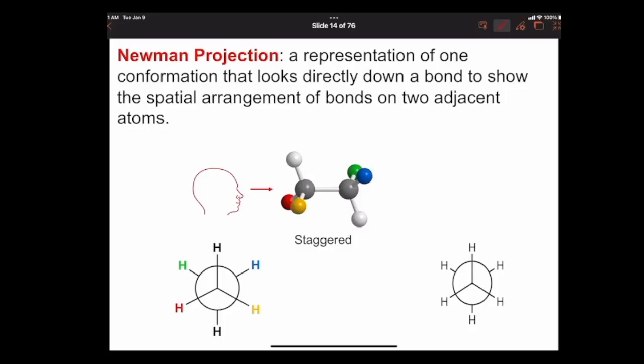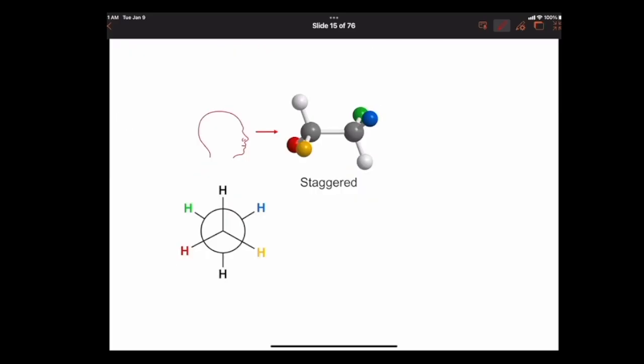So practicing how we transition from 2D line bond to Newman is what we're going to have to practice from now on. The important thing is every bond has a perspective view. If I look from left to right, I get this Newman structure, where the yellow, red, and black are on the front carbon, and green, blue, black on the rear.